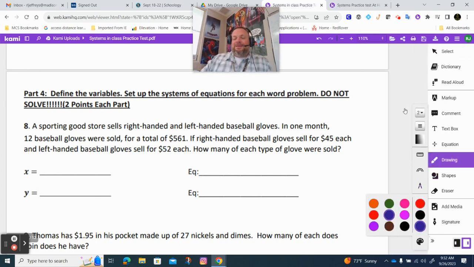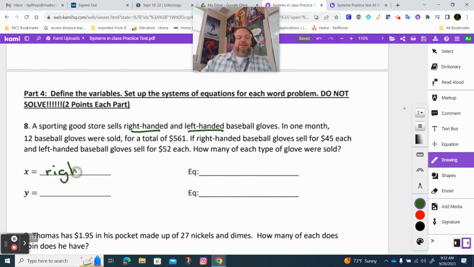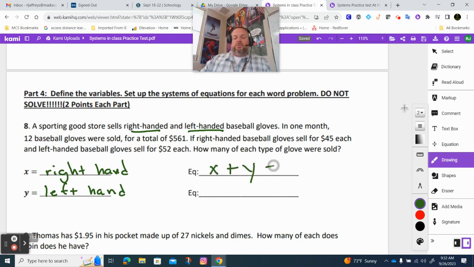All right. So, a sporting goods store sells right-handed and left-handed baseball gloves. So, I'm going to say my X is my right. Grab the strong hand. All right. In 1 month, they sell 12. That means they sold 12 total of the left and the right.